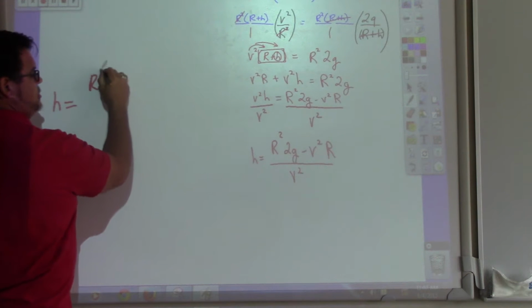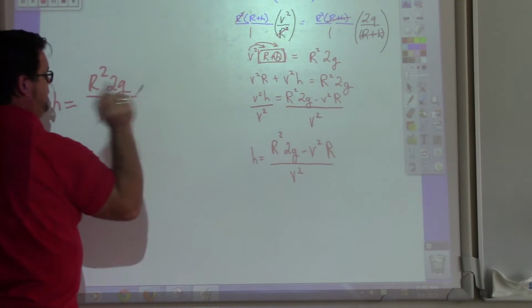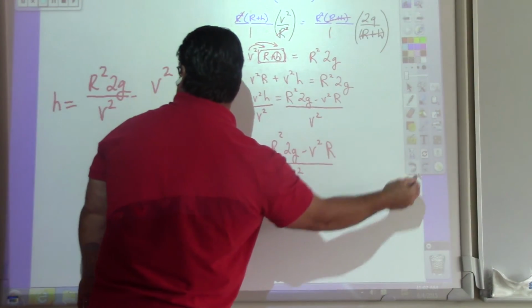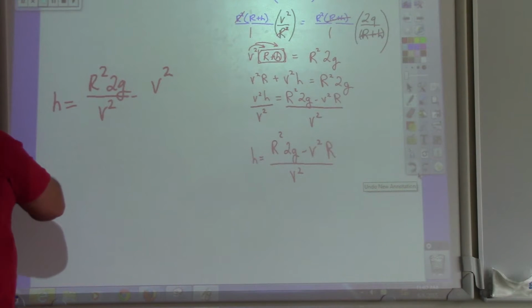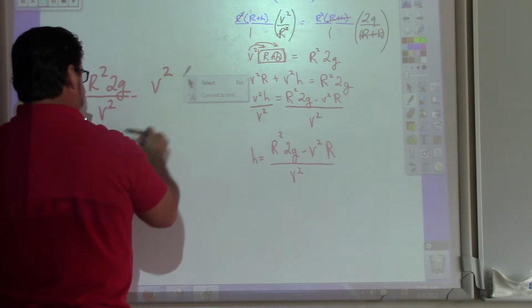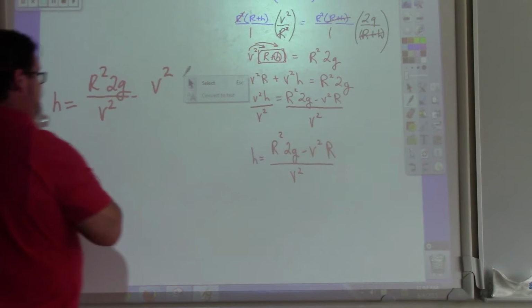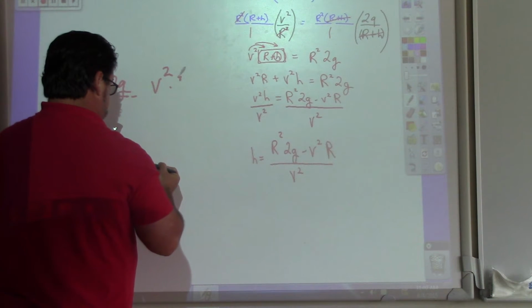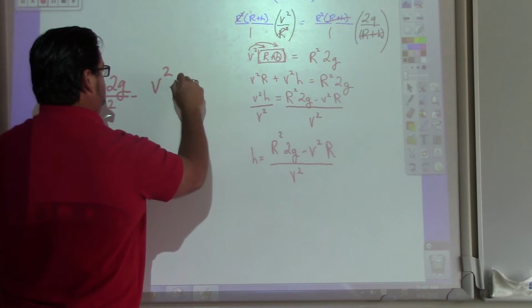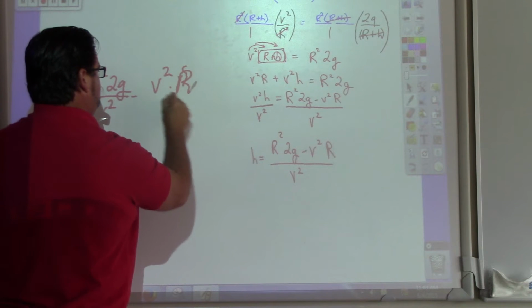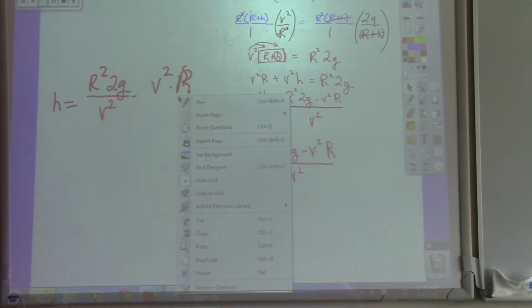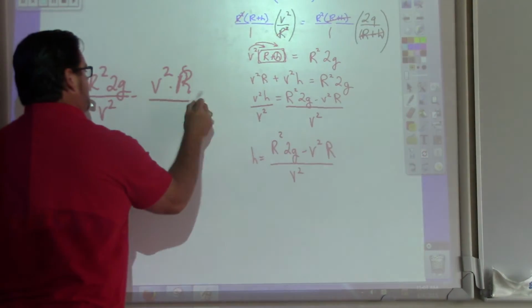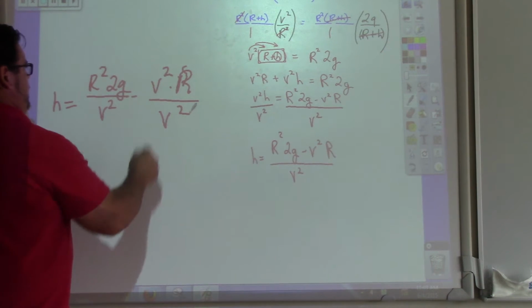H is equal to R squared 2G over V squared minus V squared R over V squared R squared, and that goes out.